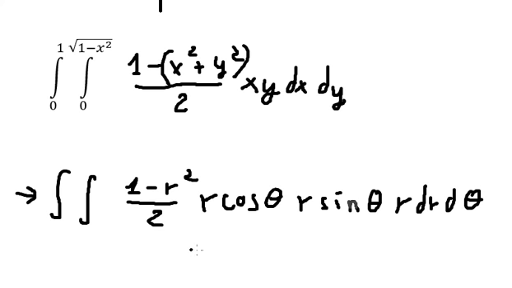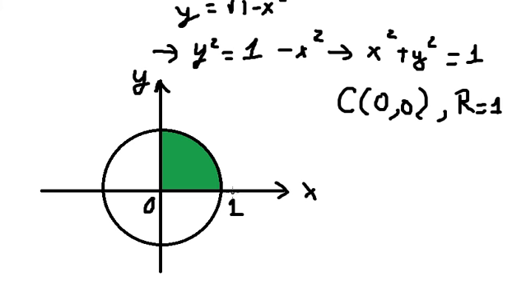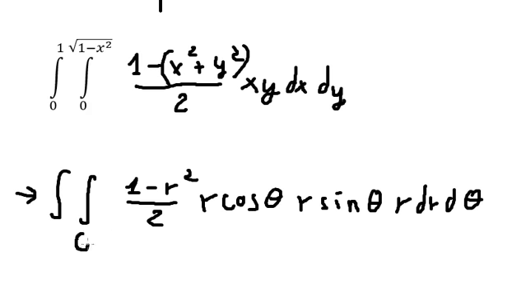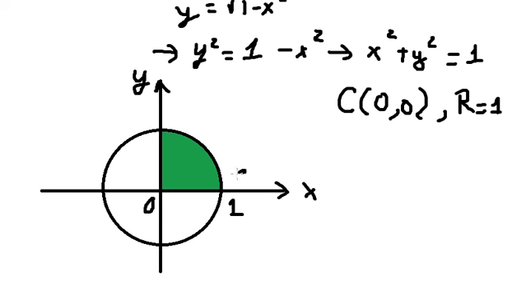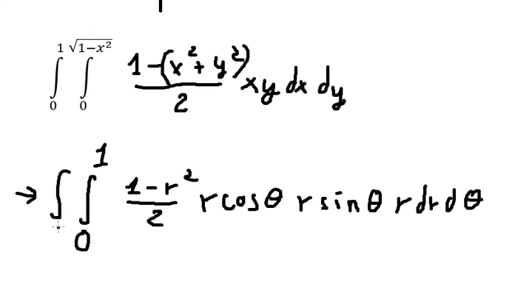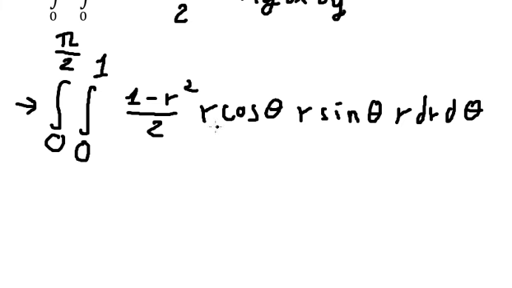About dr, that is the radius of the circle from 0 to 1. For d theta, we start at 0 and we stop at pi over 2. So they will go from here to here. And now we have r, and r multiplied by this one in here.